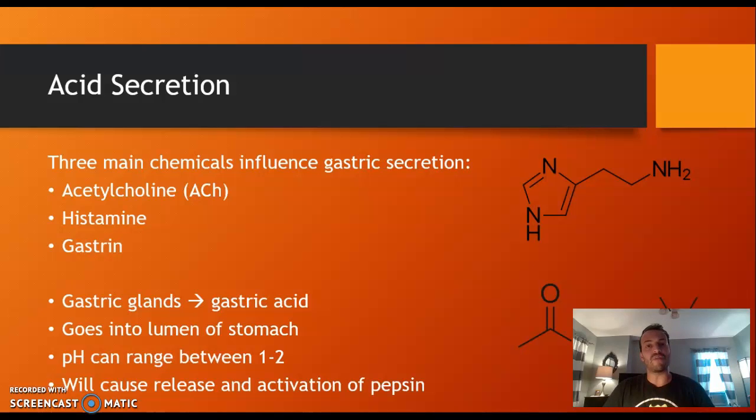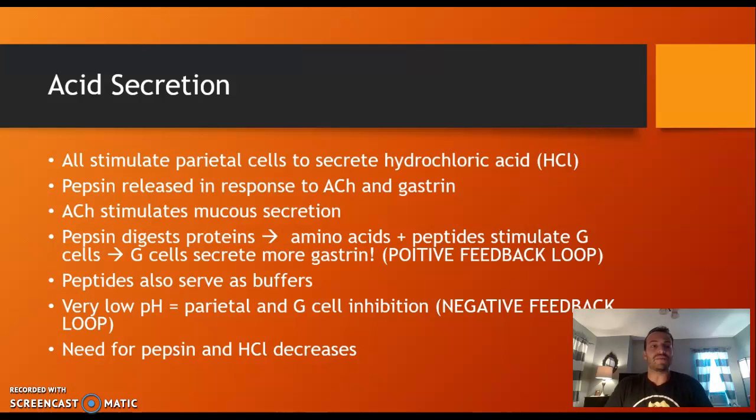It lowers the pH in our stomach and keeps it at that level so that enzymes can operate and food can be digested and broken down properly. All these chemicals stimulate parietal cells to secrete hydrochloric acid, a strong acid that naturally occurs in our stomach and helps promote digestion.